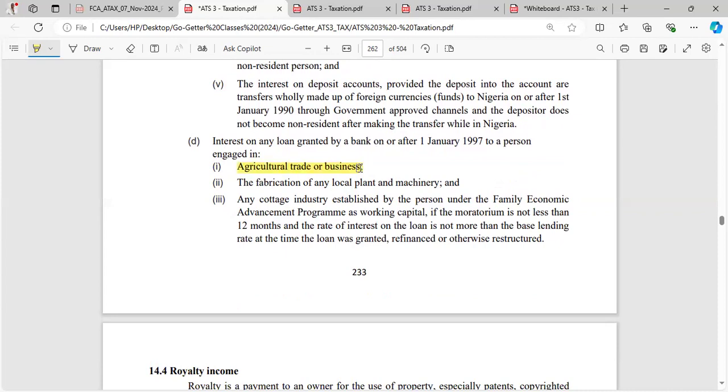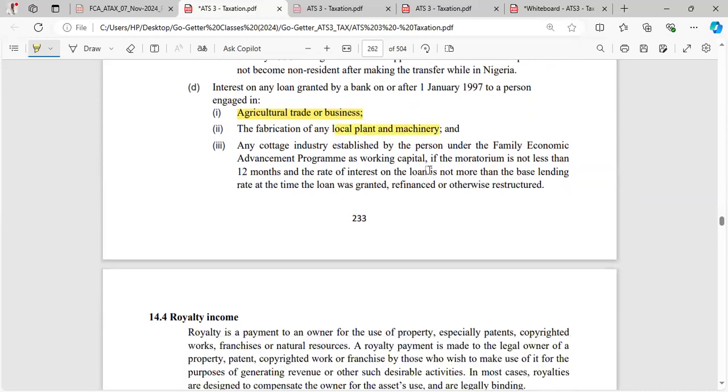So any loan granted by a bank for the purpose of agriculture is exempt from tax. Fabrication of any local plant and machinery, when you are making local plant and machinery. Then we also have cottage industry. So take special note of these ones.